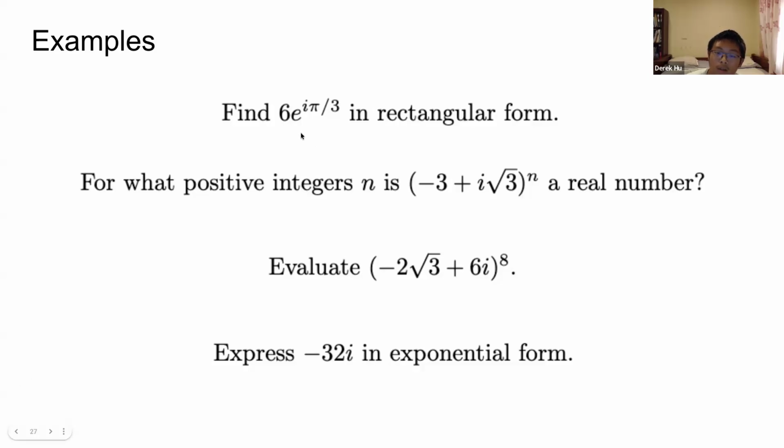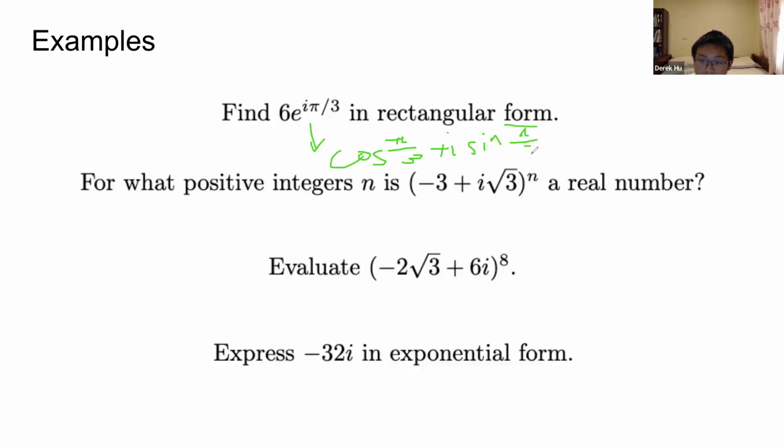Find 6e^(iπ/3) in rectangular form. We need to first find e^(iπ/3), and as established earlier, this is equal to cosine π/3 plus i sine π/3.